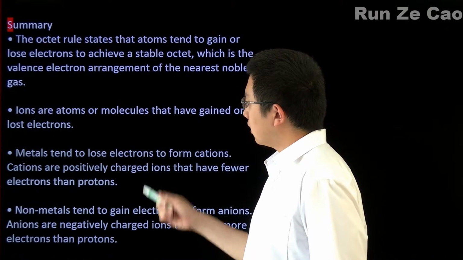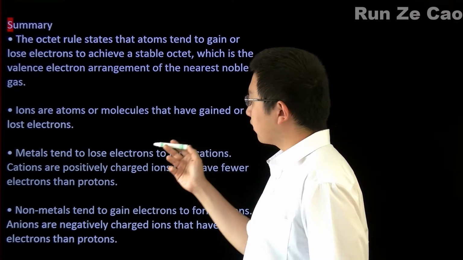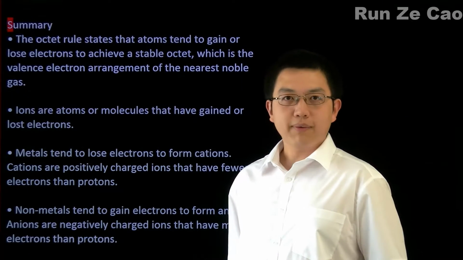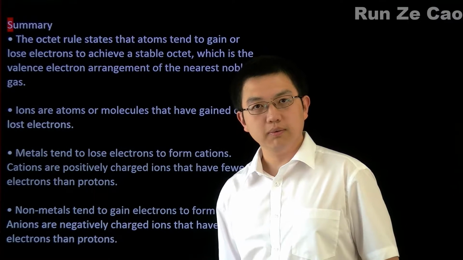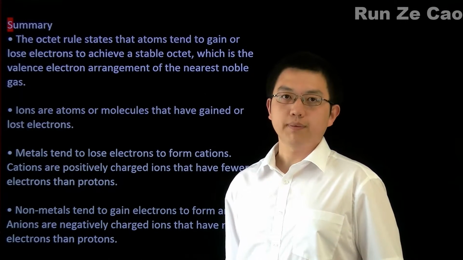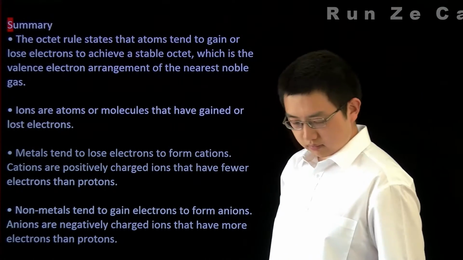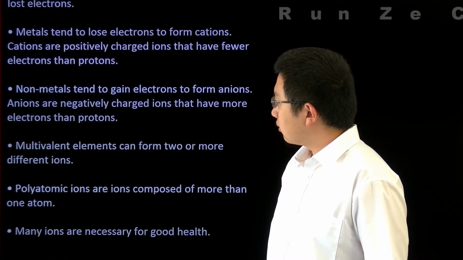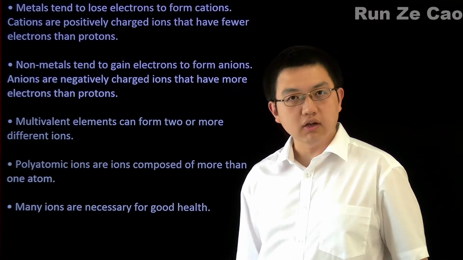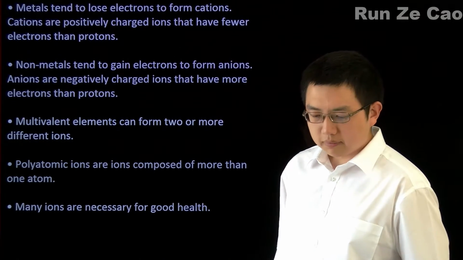So, ions are atoms or molecules that have gained or lost electrons. Now, what happens when ions have many atoms in them, i.e. they are themselves molecules to begin with? Well, they're polyatomic ions. Now, metals tend to lose electrons to form cations, whereas nonmetals tend to gain electrons to form anions.